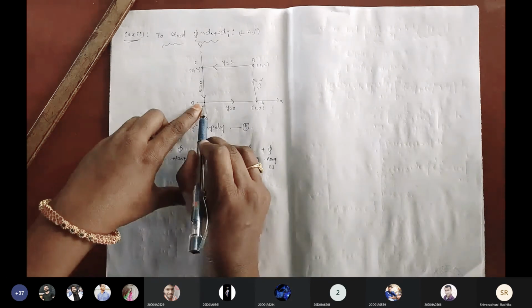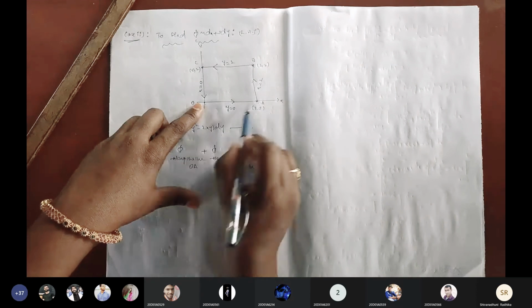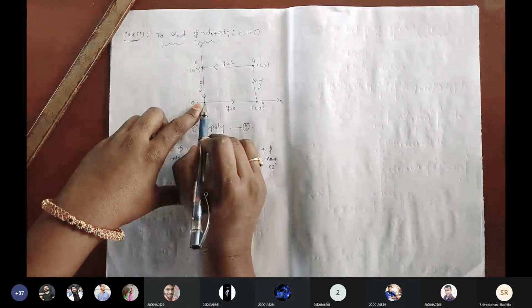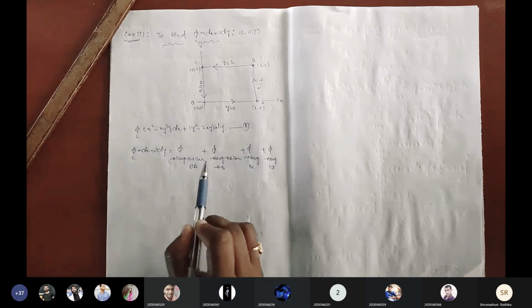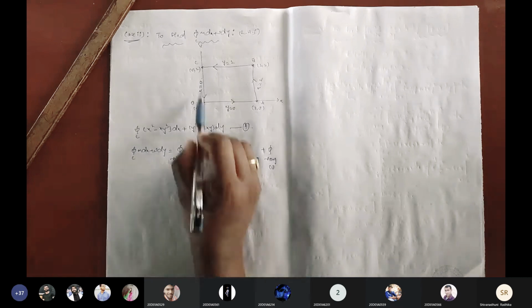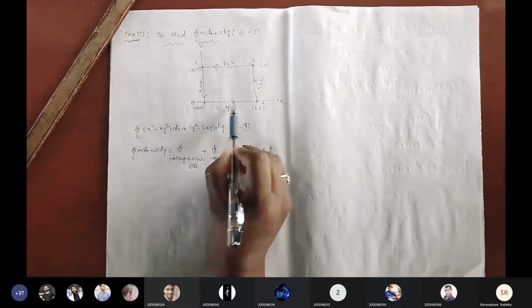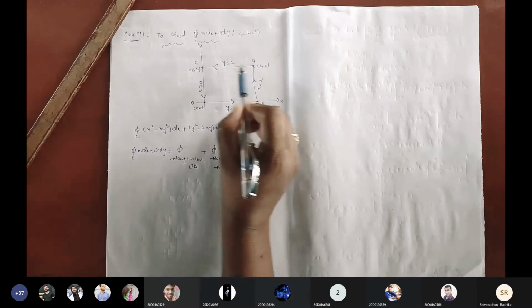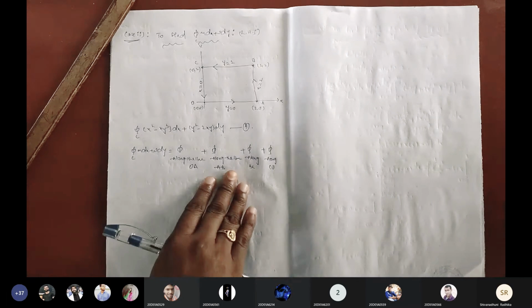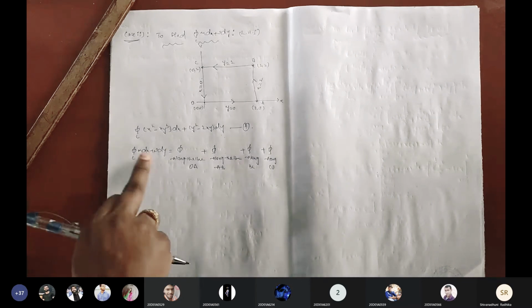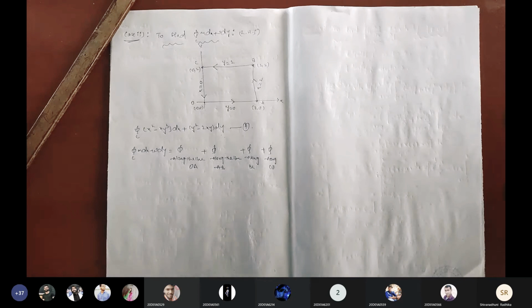Starting from O, it is moving from O and ends with O. It is clear? Now I am getting these 4 lines. Using these 4 lines, I am getting the square, like this: O to A to B, B to C, C to O. Clear, all of you? Now the sum of the 4 lines gives the square. This is equation number 1.